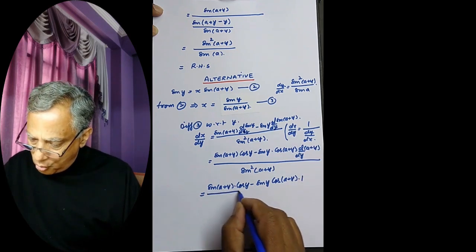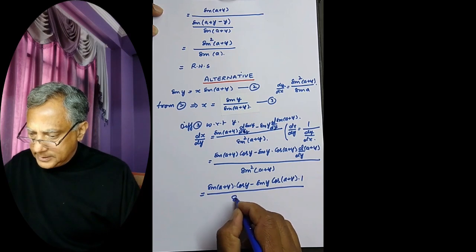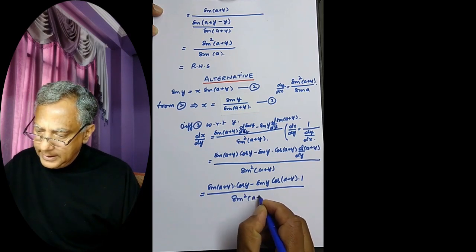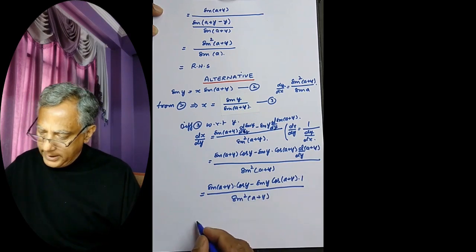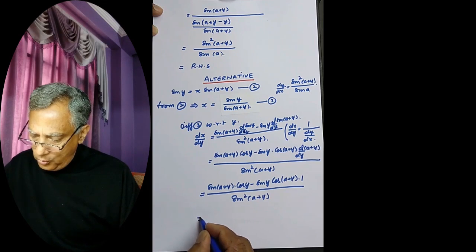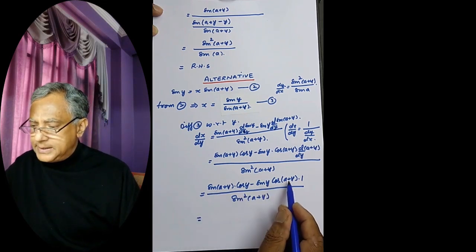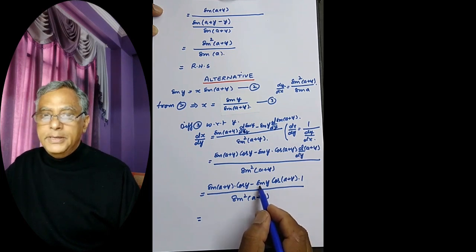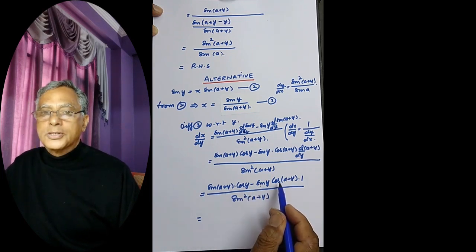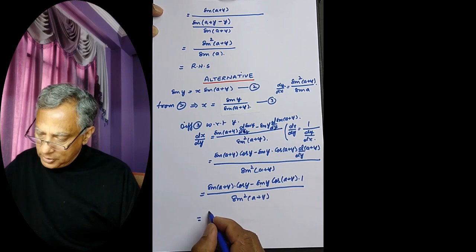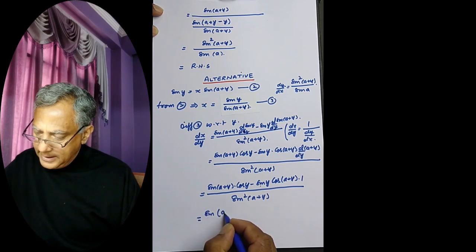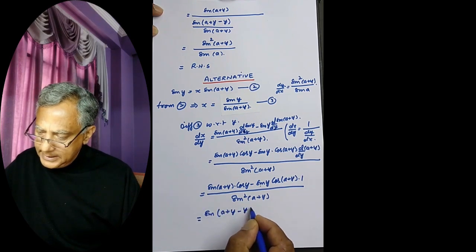This whole divided by sine square a plus y. So this is equal to, this is sine a cos b minus cos a sine b. So we are getting the formula for sine a minus b. So this will be sine a minus b.